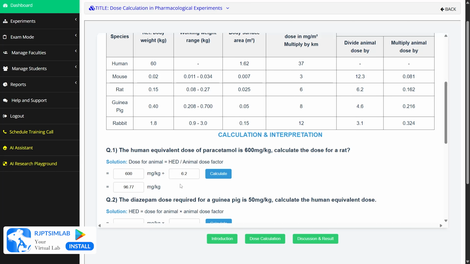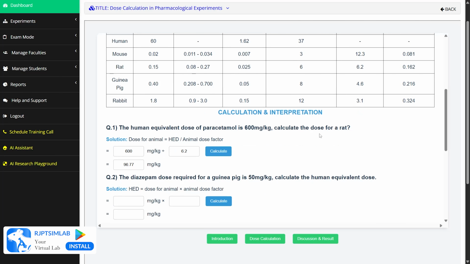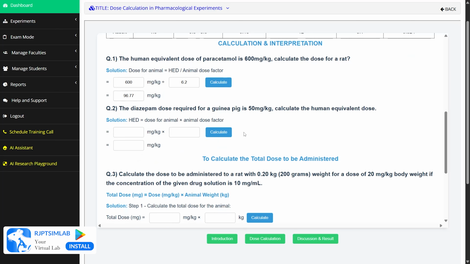The value comes to 96.77 milligram per kilogram. So this is the dose for the rat, which comes from the human equivalent dose of paracetamol. Now let us see the second example.